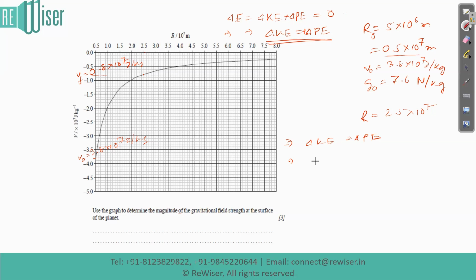Let us consider this to be half mv squared; this is the velocity we want to find out. Gravitational potential energy U is m into V, where V is the gravitational potential.